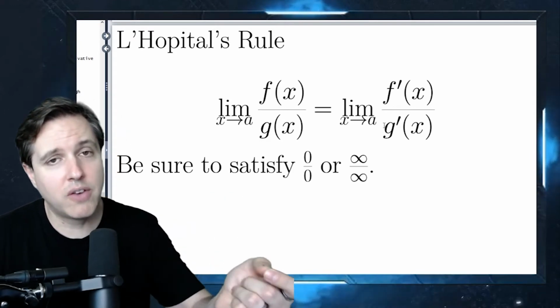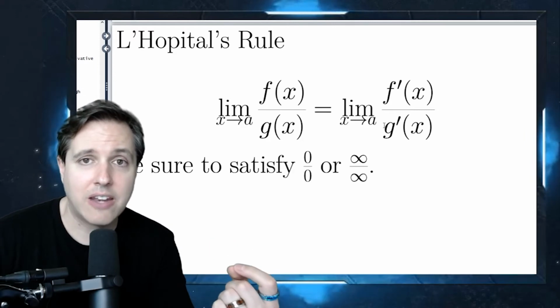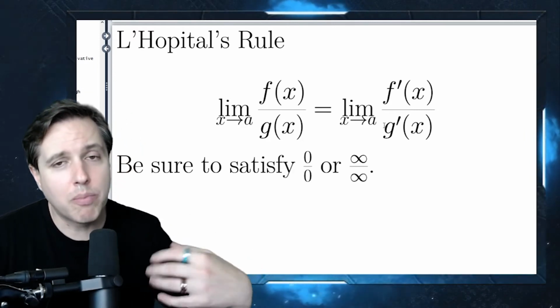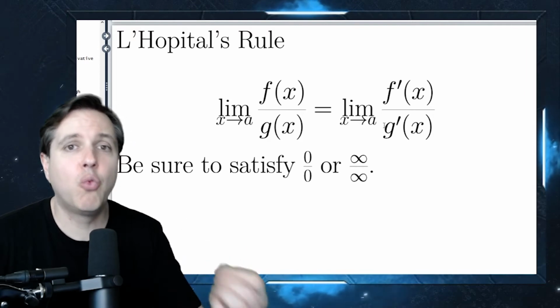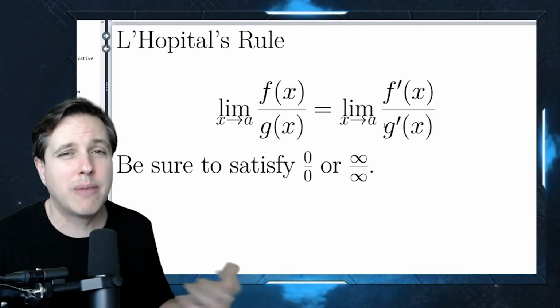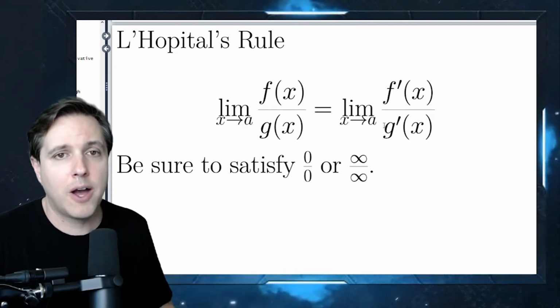So you take the derivative of the top, you take the derivative of the bottom, and then you check again. And if you still can't do it, under the conditions we'll talk about in just a second, you repeat this process until it works, basically. So L'Hopital's rule works pretty nicely most of the time. Sometimes you can get a really ugly problem, but usually it's pretty straightforward.